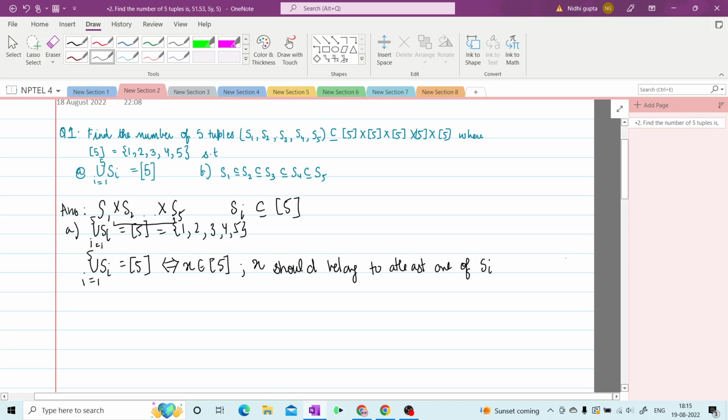Because if the union of all these sets is the whole set [5], then each X, that is 1, 2, 3, 4, 5, should belong to at least one of Si. So suppose I take my X to be 1.